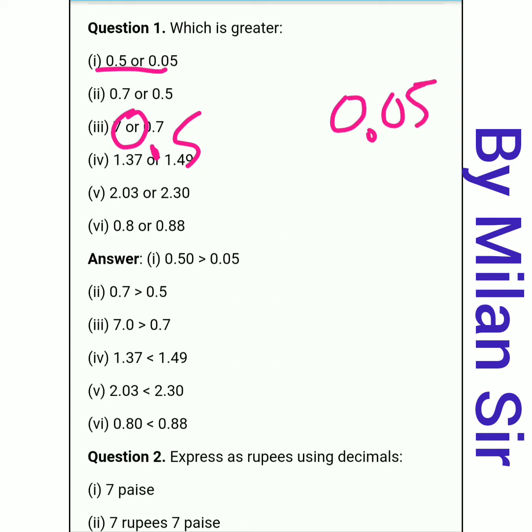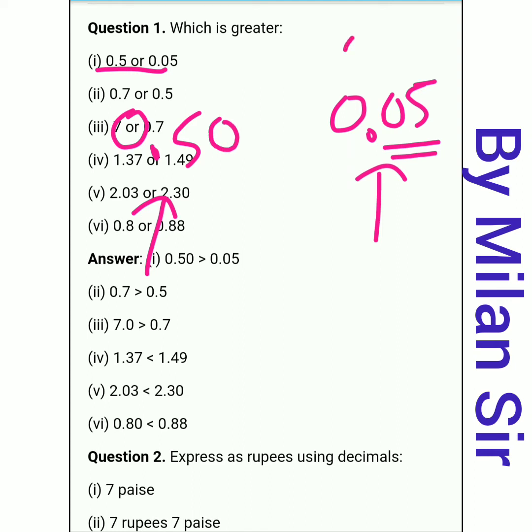Here in the second number, after the decimal point we have two digits, and in the first number after the decimal point we have only one digit. So we can convert this one digit into two digits. So here at last we can put 0.